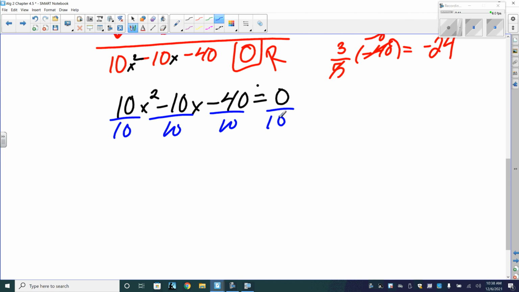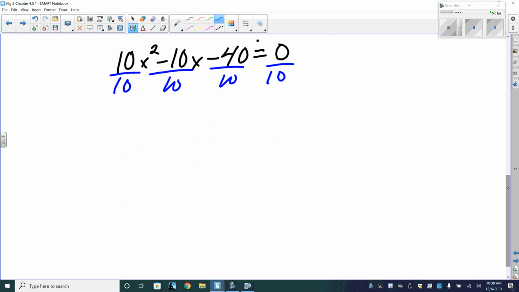Divide everything by that number. Because if we do it now, it's going to save us on the back end. Because when we plug this into the quadratic formula, there's going to be a greatest common factor of 10 on top and bottom. Yes? Okay. Well, that's just going to be x squared minus x minus 4.